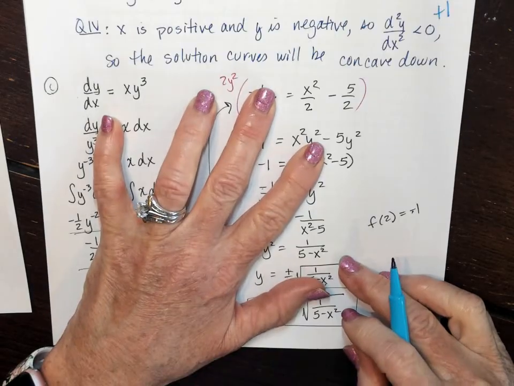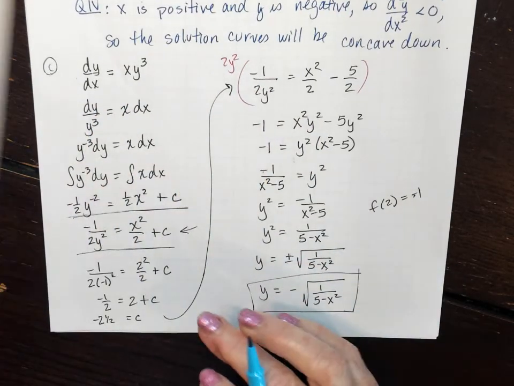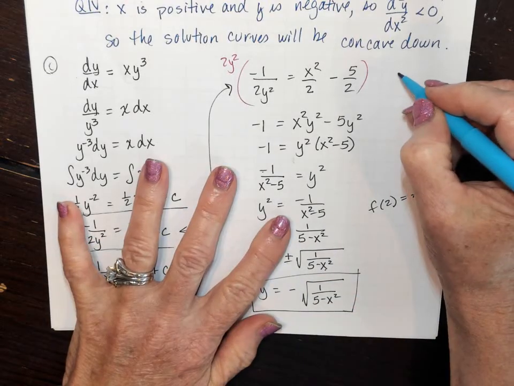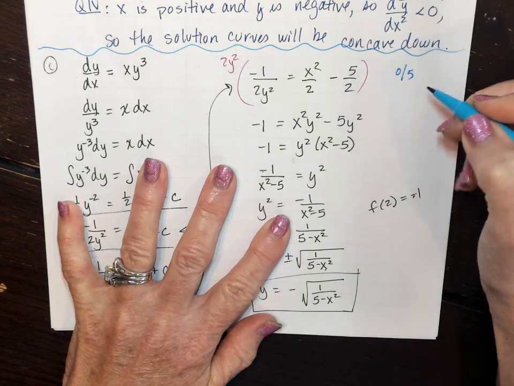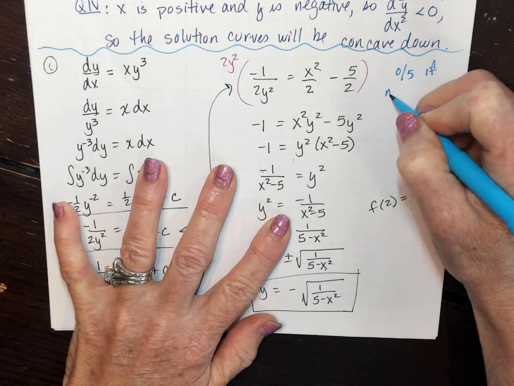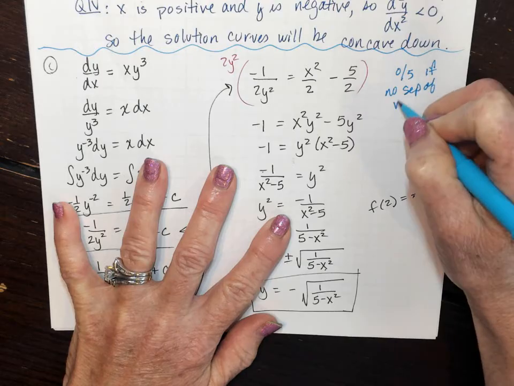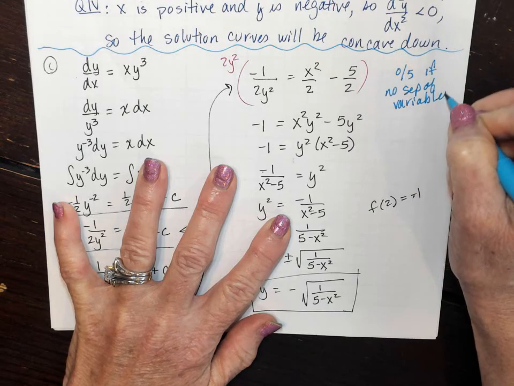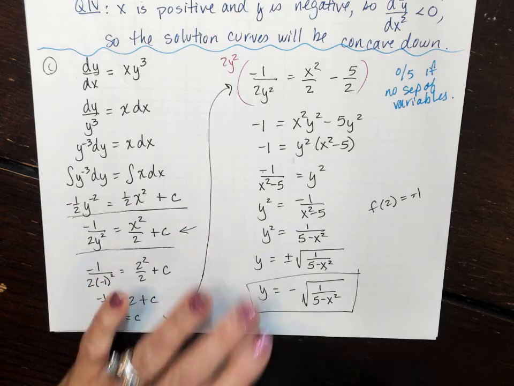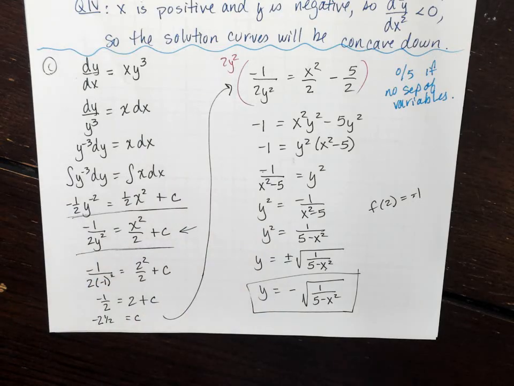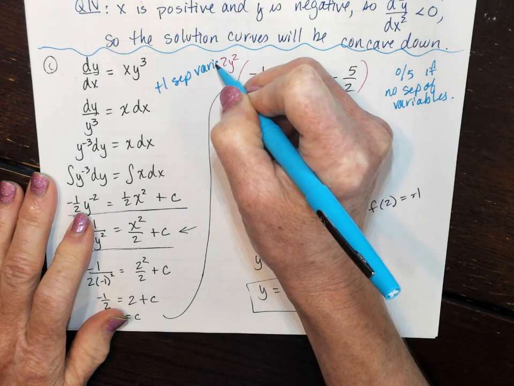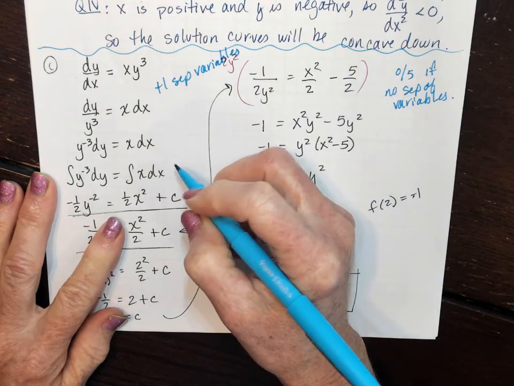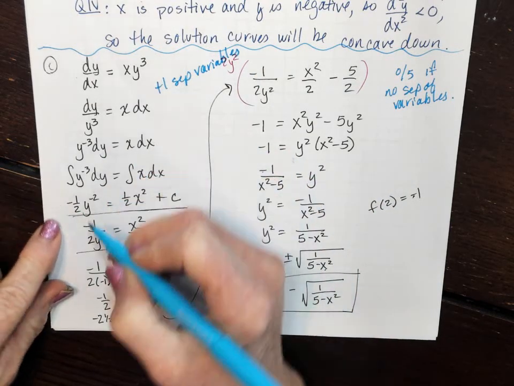Okay, part C, your points here on this one. First I'm going to tell you this, you get 0 out of 5 if you didn't separate the variables. Okay, so that's real important to recognize that you have to separate the variables here. You get 1 for separating the variables. You get plus 1 for the dy antiderivative.